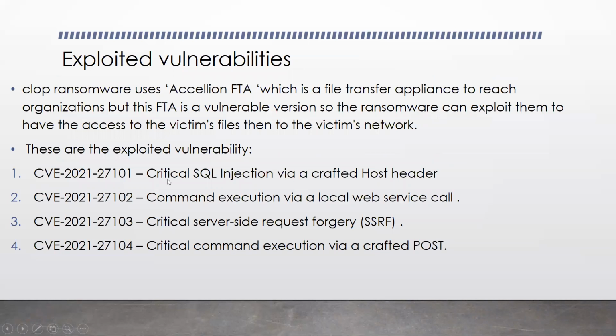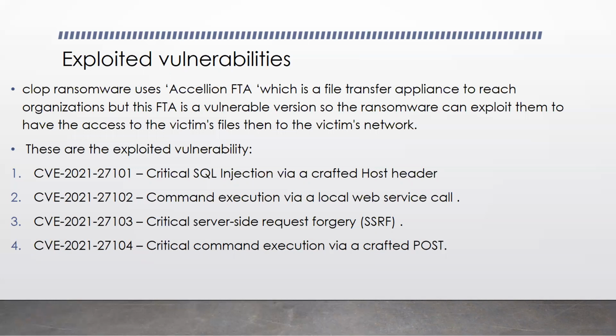Exploited vulnerabilities. cl0p ransomware uses a file transfer appliance, the FTA, to reach organizations, but this FTA is a vulnerable version, so the ransomware can exploit it to have access to the victim's files, then to the victim's network.